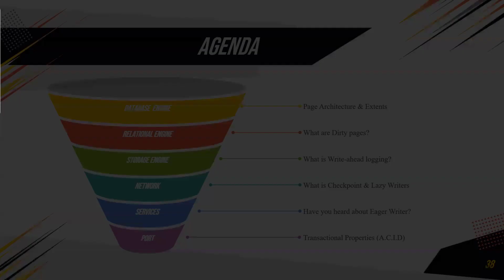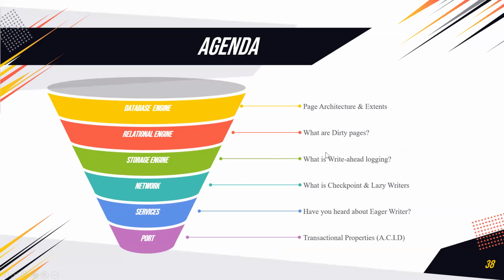We just discussed page architecture, what extents are, and how many types of pages there are in SQL Server. Now our main focus is dirty page, clean page. All these concepts are very important.